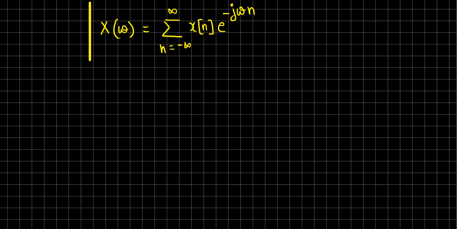The discrete time Fourier transform, X of omega, is given by the summation running from minus infinity to infinity of x of n e power minus j omega n. Now this is the expression of discrete time Fourier transform.